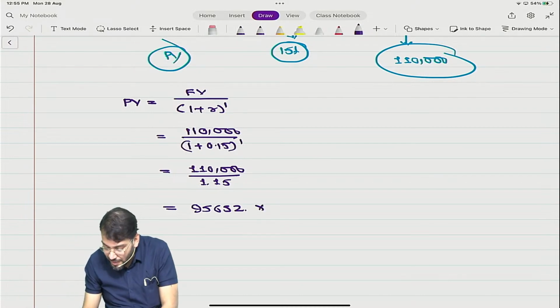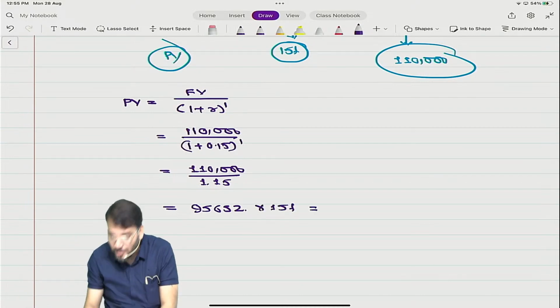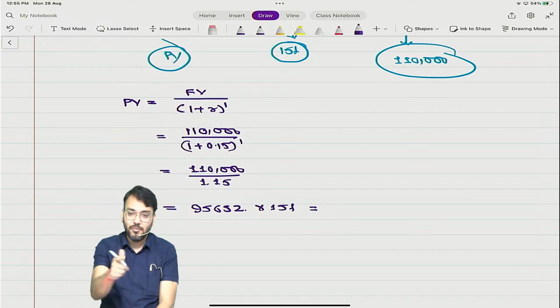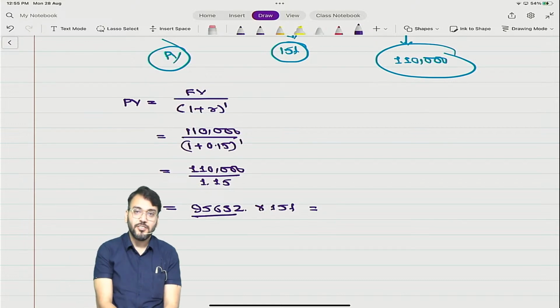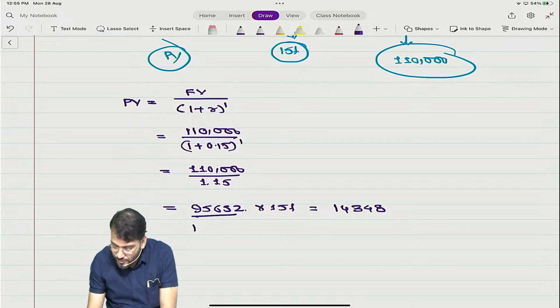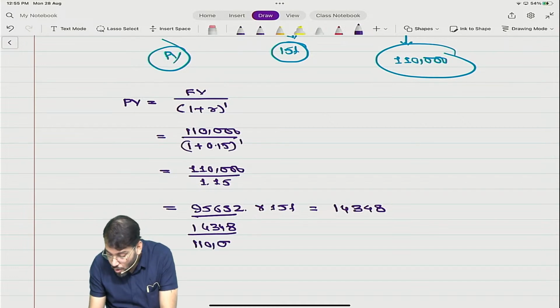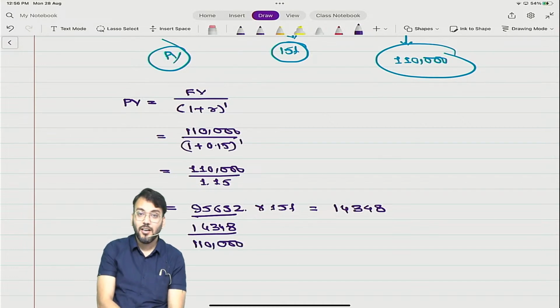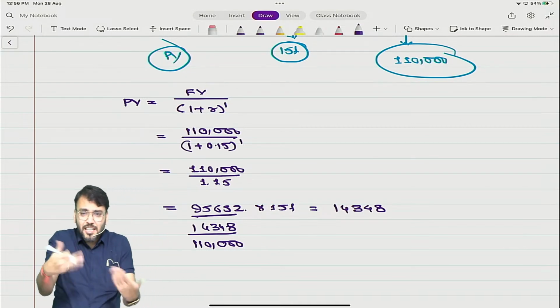And if you calculate 15% interest for 1 year, how much is it coming? 14,348. And if you add this 14,348, it becomes 1,10,000. Understood? Correct. Means can I say in this way?